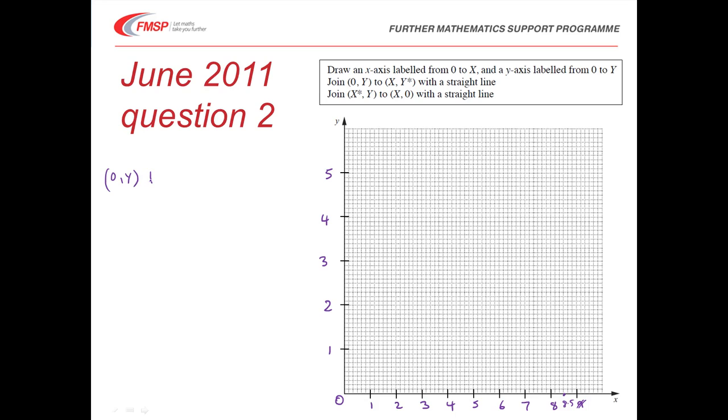Okay then, I've got to join 0y to x y star, and I've got to join x star y to x 0. I think I'm just going to have to refresh my memory about what all these values were. So clearly that's 0, and this one's 0.